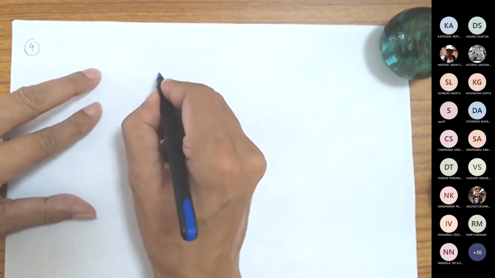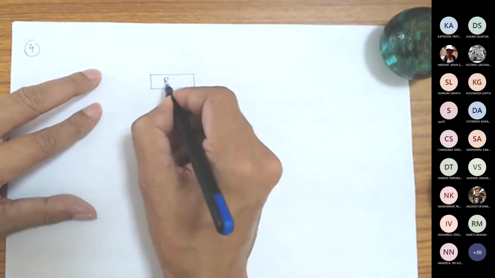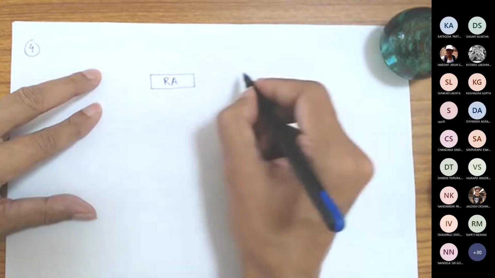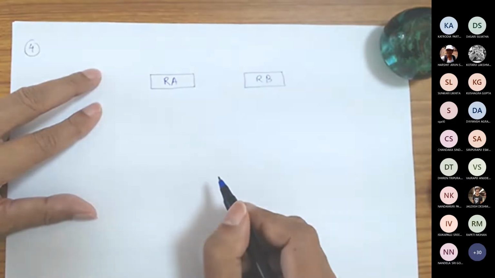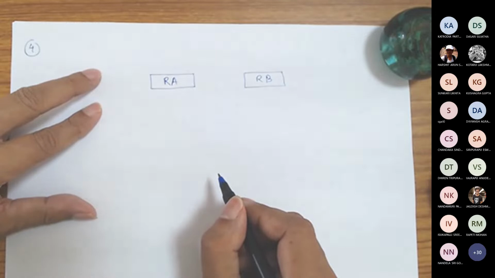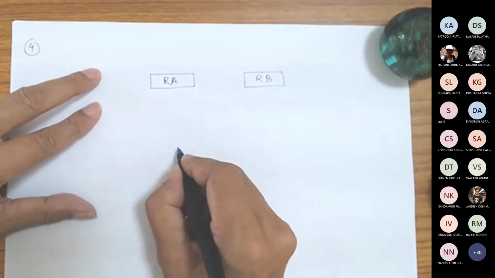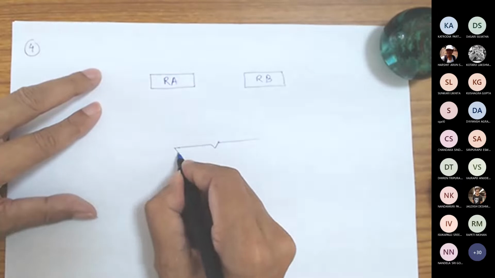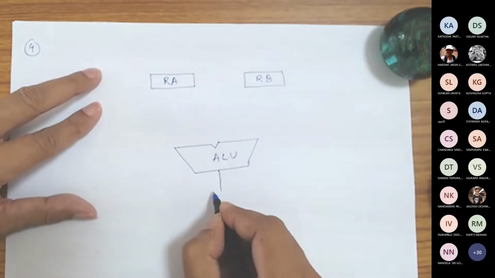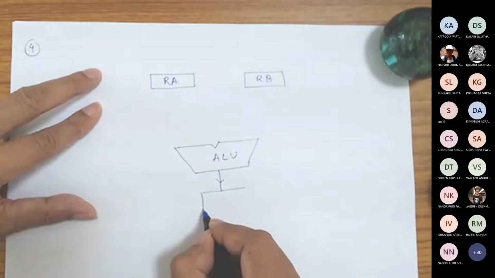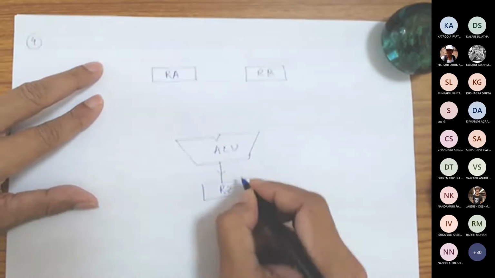So we have now RA, this is RB. What we are saying, if this is your arithmetic logic unit, and from here it goes to RZ.